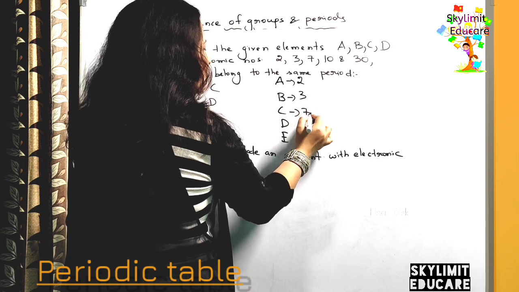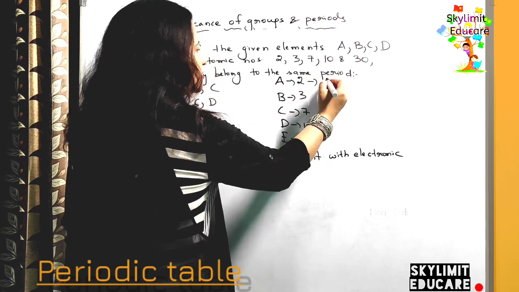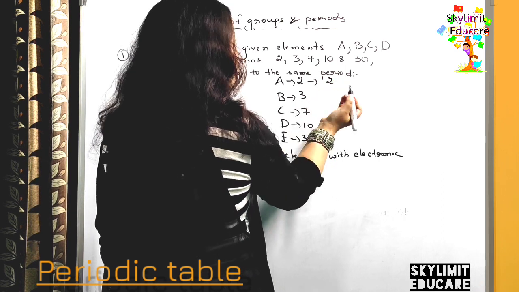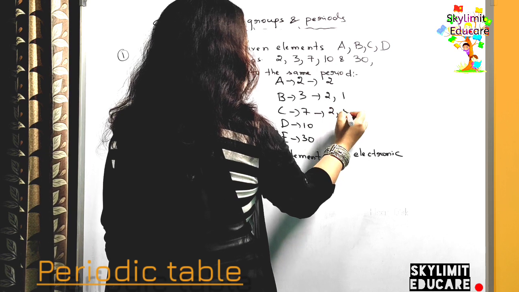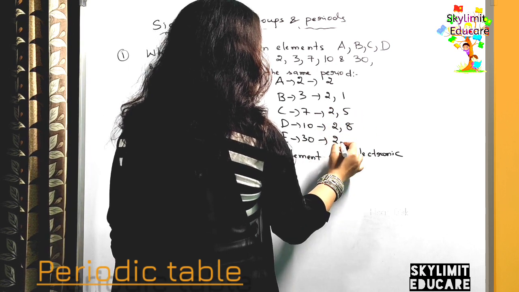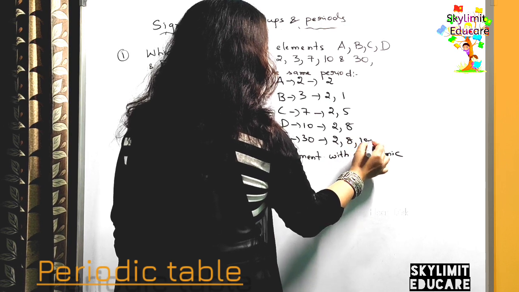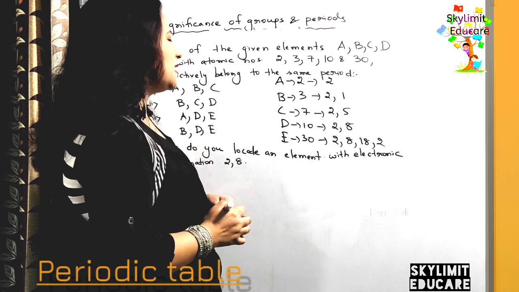By electronic configuration, A will be 2, B will be 2, 1, C will be 2, 5, D will be 2, 8, and E will be 2, 8, 18, 2. Clear?